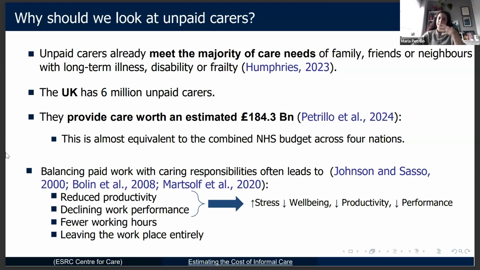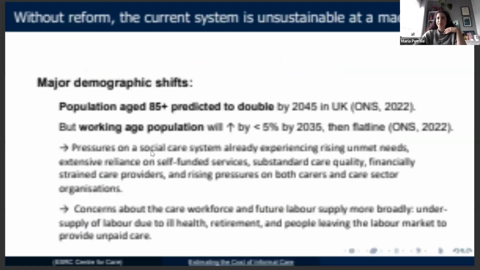This leaves many unpaid carers with no option but to reduce working hours or to leave the labor market altogether. Wage discrimination against unpaid carers is another compounding challenge that undermines their professional engagement, motivation, or financial stability.